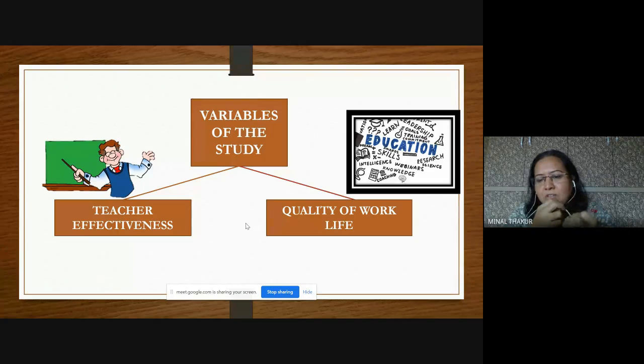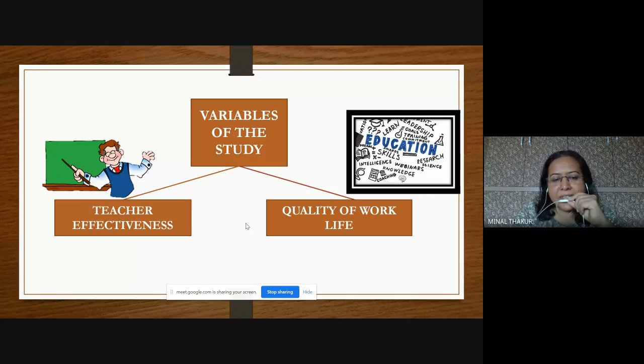Just to give an example, maybe to observe your teaching style, maybe to observe students' learning style. These are some examples that you can have in your classrooms which are related to variables. Now, variables are of many types, but the broad classification is two types, dependent and independent variable.